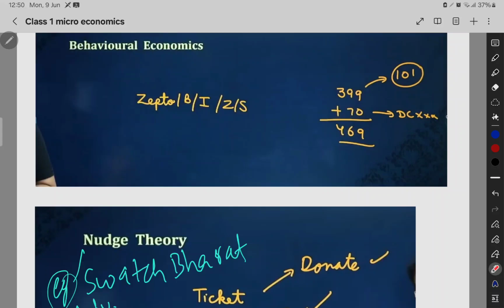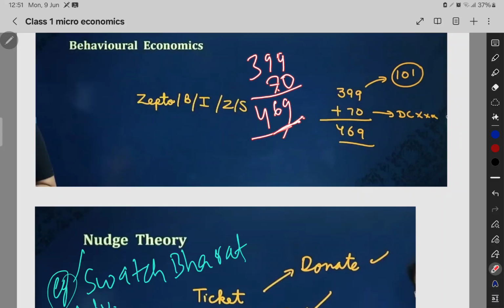Now we are seeing two theories. One is behavioral economics and the other is nudge theory. First, in short, what is behavioral economics. For example, Zepto says that your cart currently has 399, but however if you spend more than 400, there is a free delivery charge of 70 rupees. So anyhow you will manually calculate and check, okay, I am approximately spending this much.